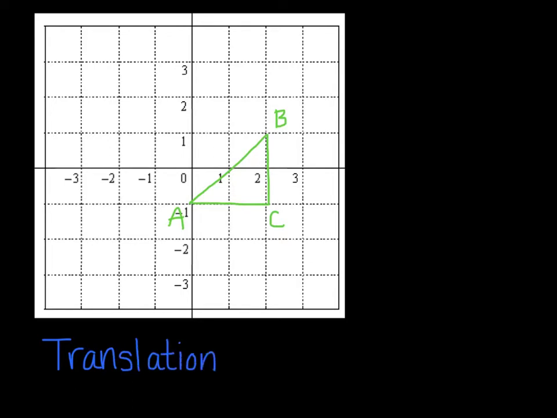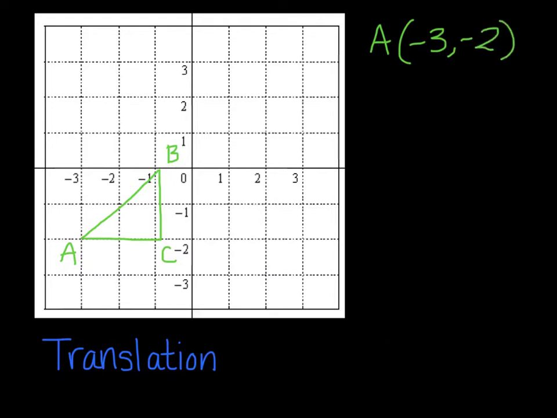Let's put this back where it started and take a look at what we did. A was there, and we slid it over. A is going to start at, well, this is 0, so this is -1, -2, -3, so -3, -2.